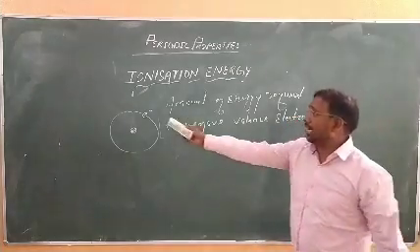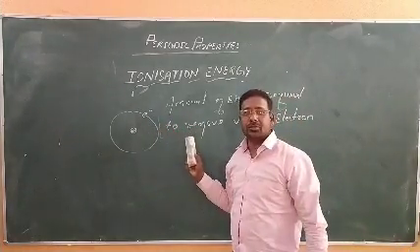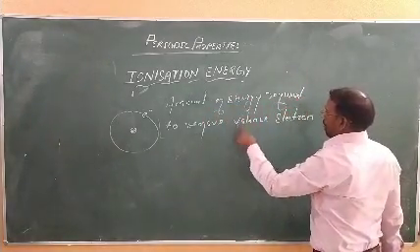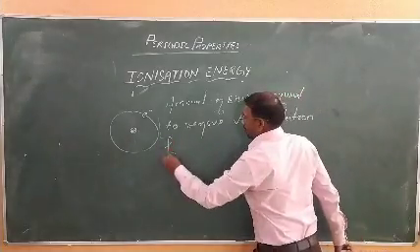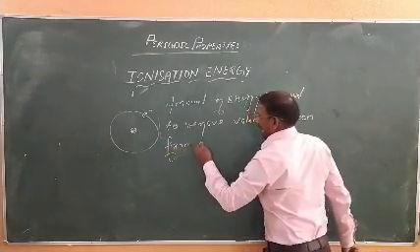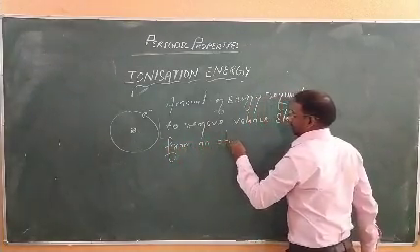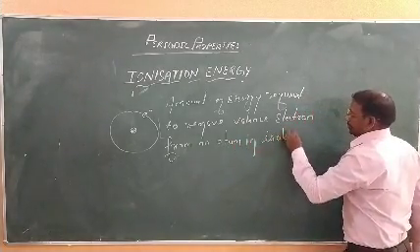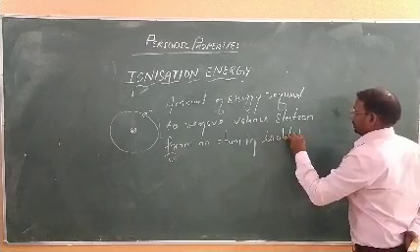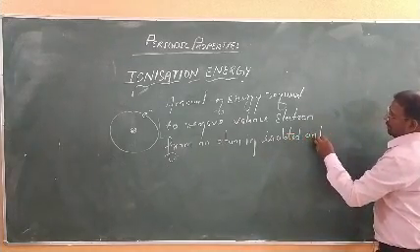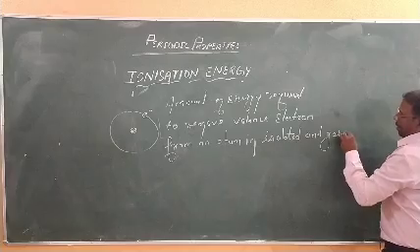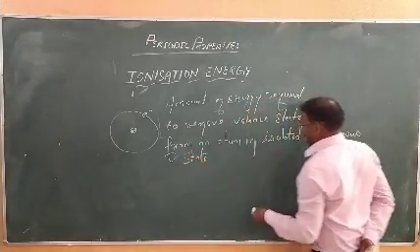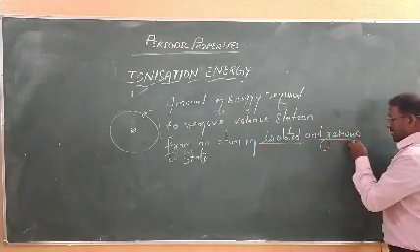The electron present in the outermost shell of an atom is called a valence electron. I have mentioned two things, isolated and gaseous state.